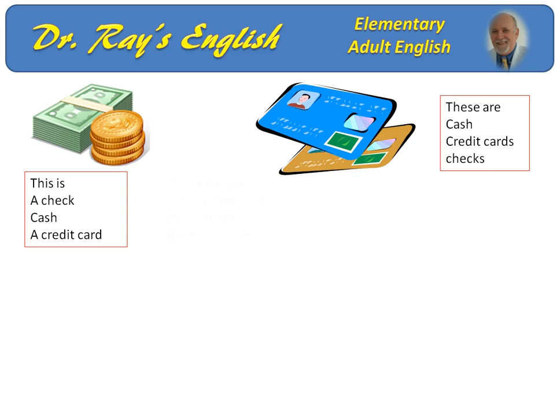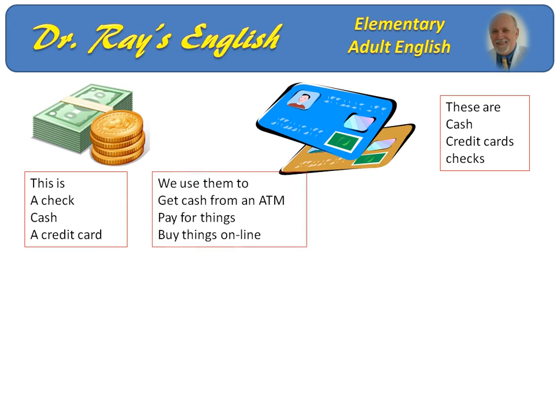Of course, we know the answers to these. We use these, that is, these credit cards, to get cash from an ATM, to pay for things, or to buy things online. The answer is, of course, we can do all three with them.